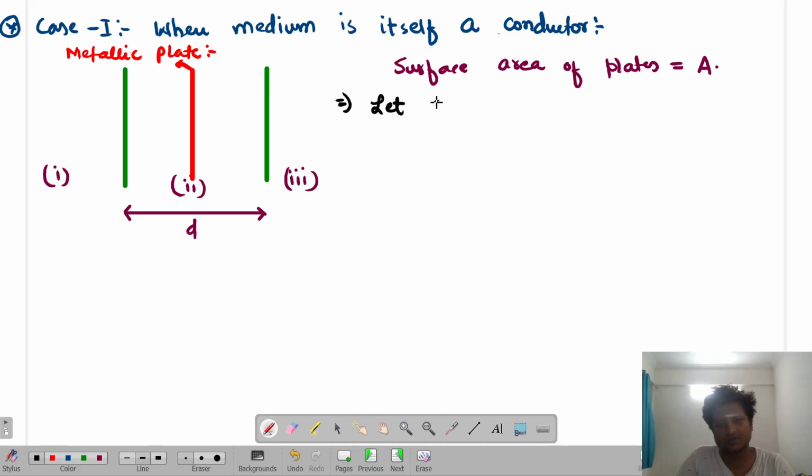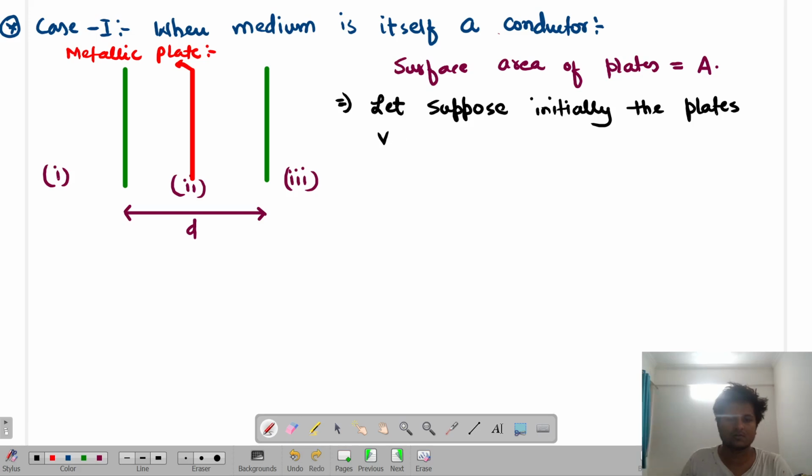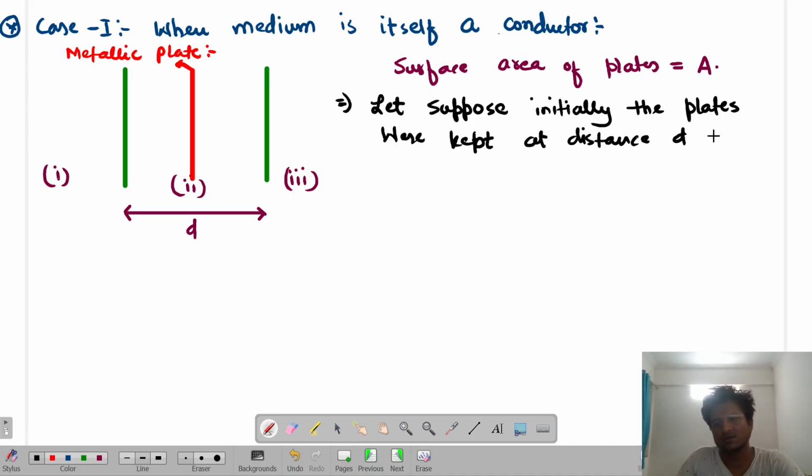Let's suppose initially the plates were kept at distance D, charged to potential V. So that means what?